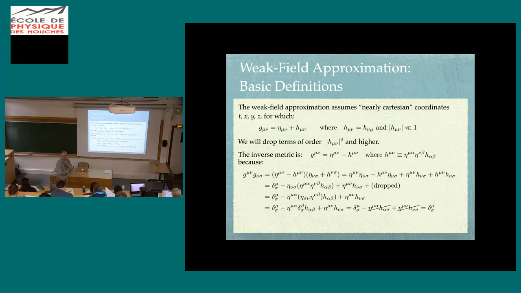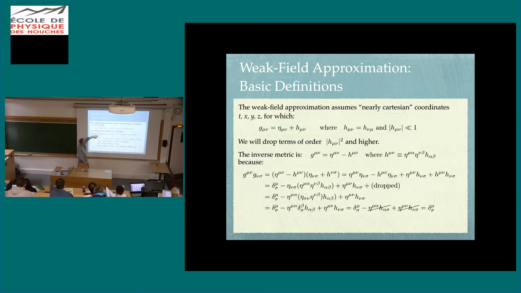Each component is small compared to 1. So I'm not taking the modulus of the tensor as a whole. I'm taking each component. I want each and every one of those components to be small so that I can neglect. Ultimately, what I'm going to do is drop powers of the component size squared. So I want each individual component to be small.